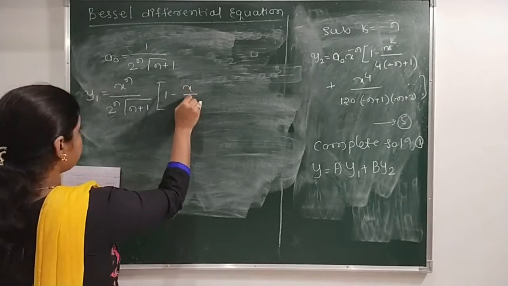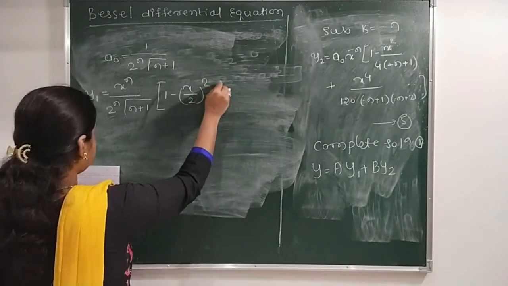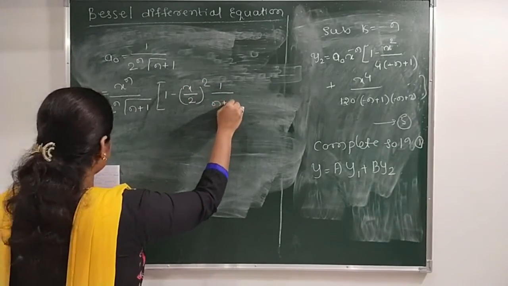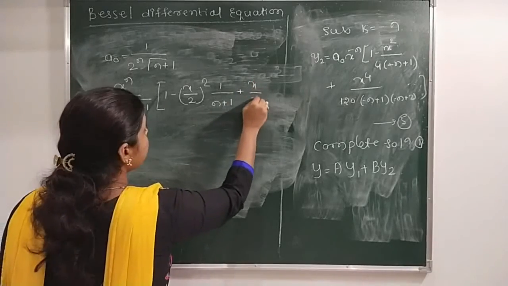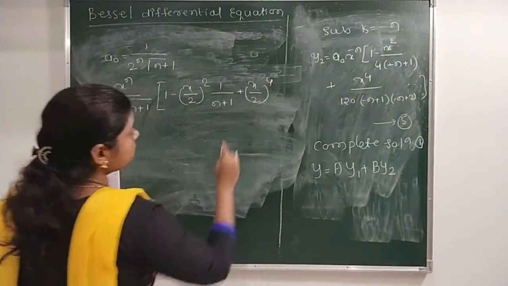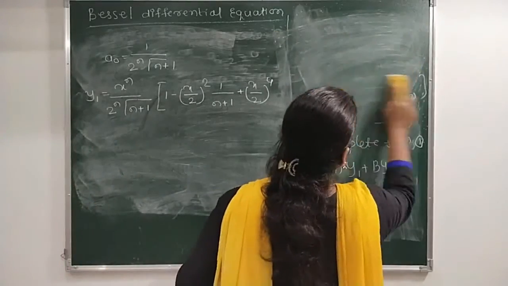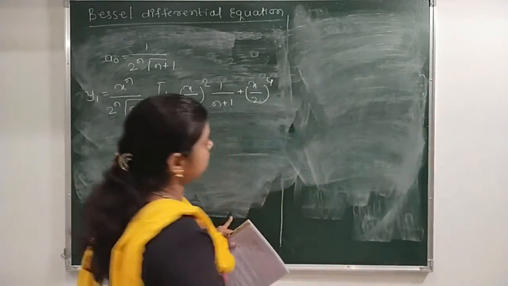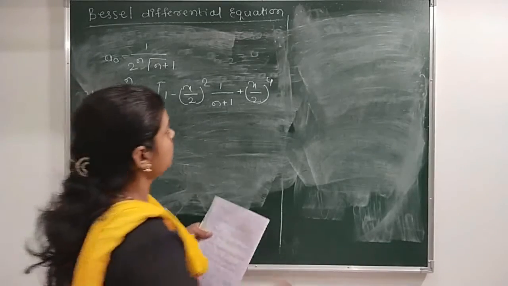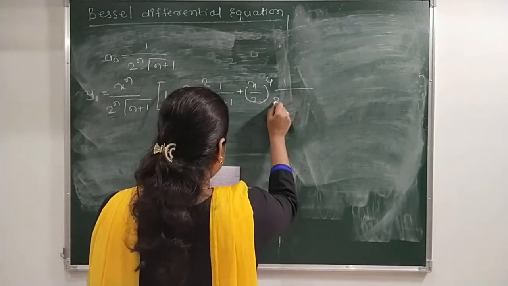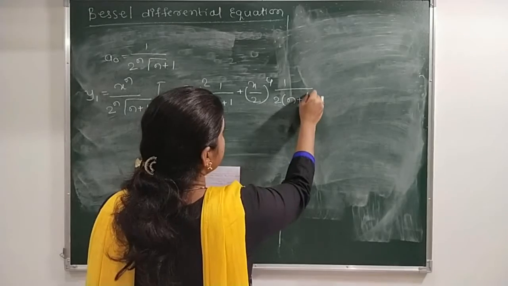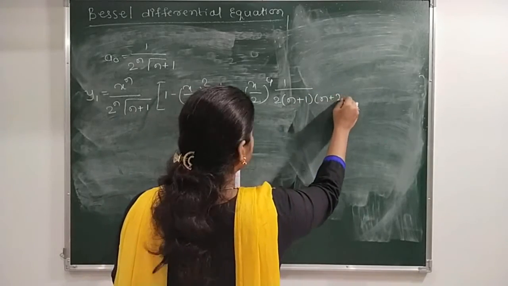minus x divided by 2 whole square, 1 divided by n plus 1, plus x divided by 2 raised to 4, 1 divided by 2 into n plus 1 into n plus 2, and so on.